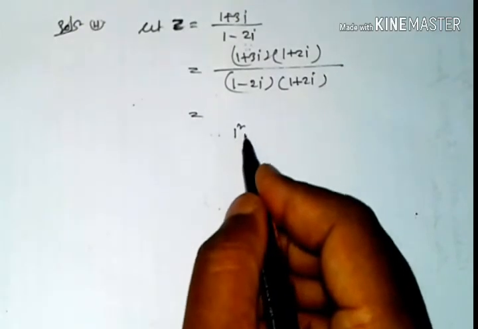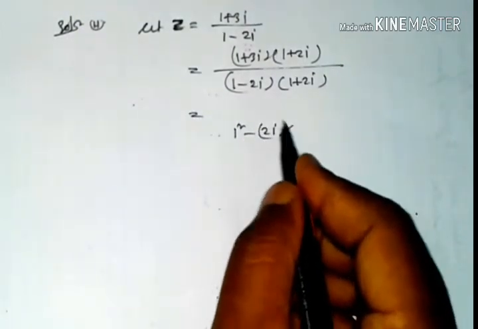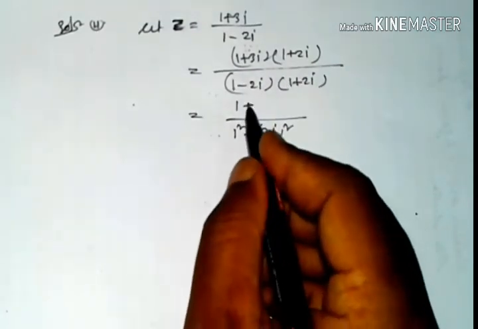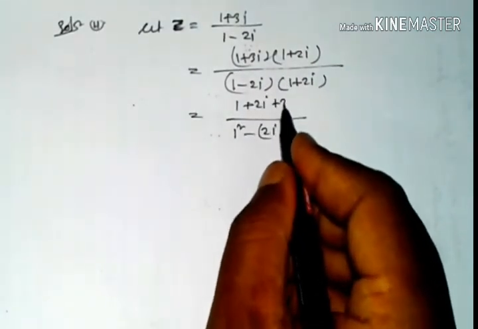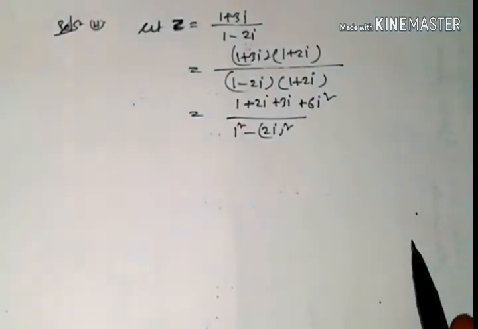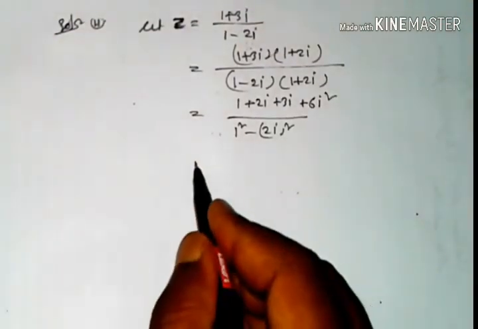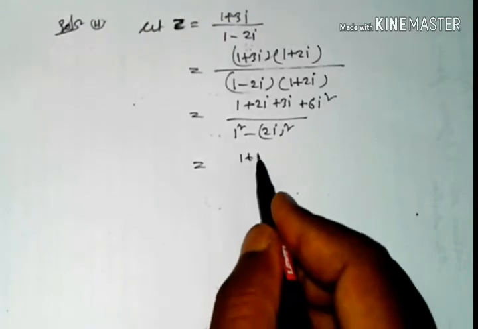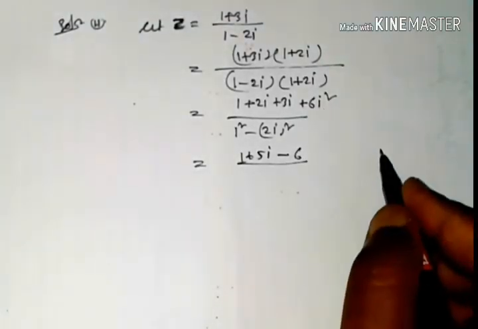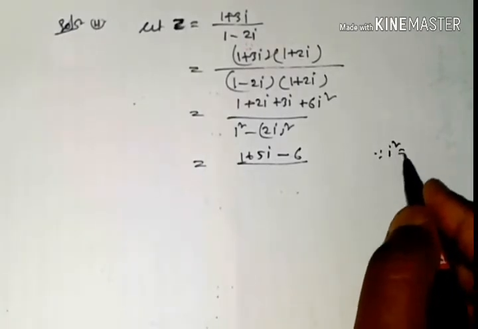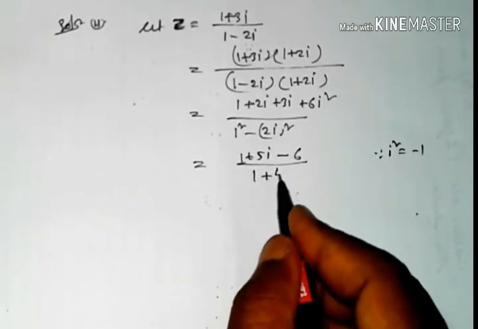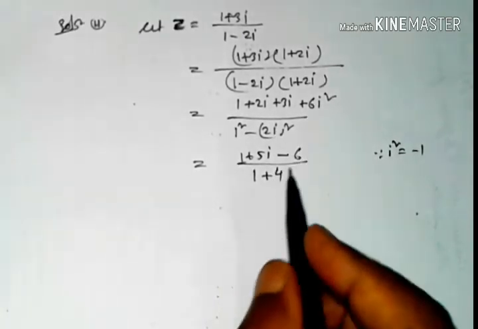Denominator: 1 square minus 2i square. Numerator: 1 plus 2i plus 3i plus 6i square, that is 1 plus 5i minus 6, because i square is equal to minus 1. Denominator: 1 plus 4, because i square is equal to minus 1.